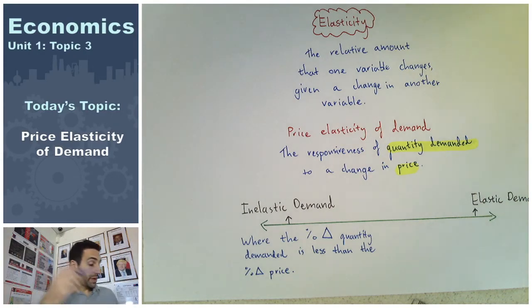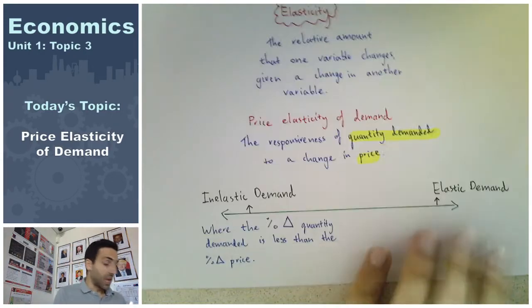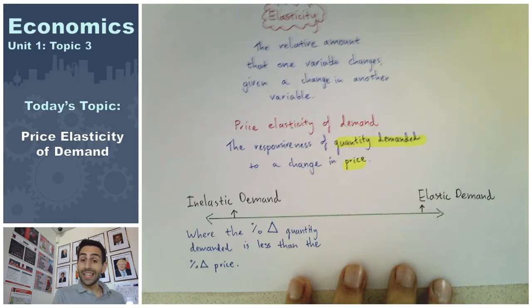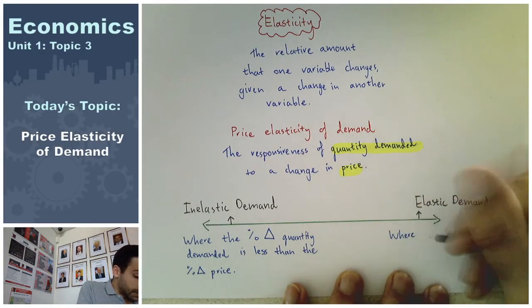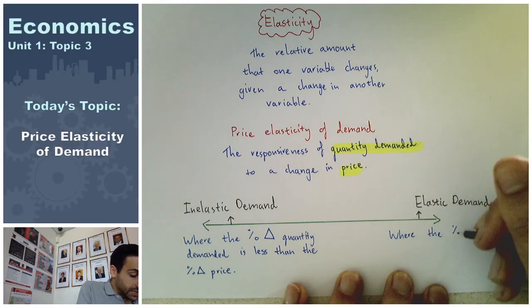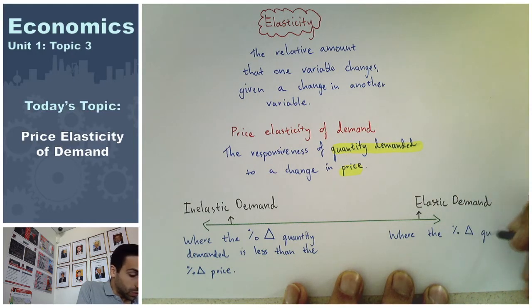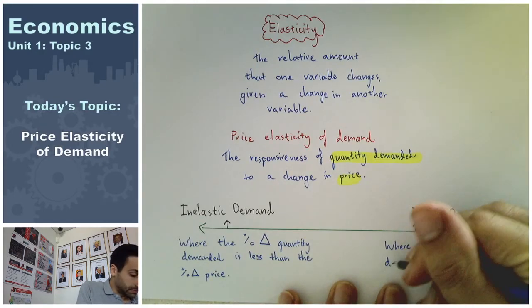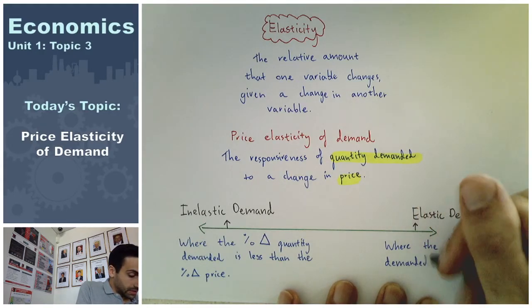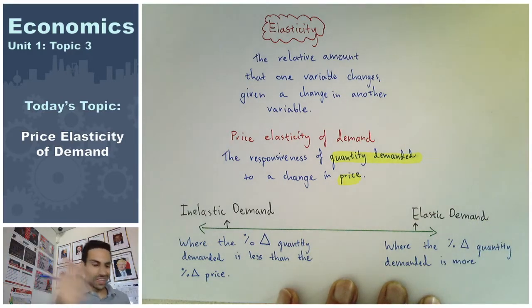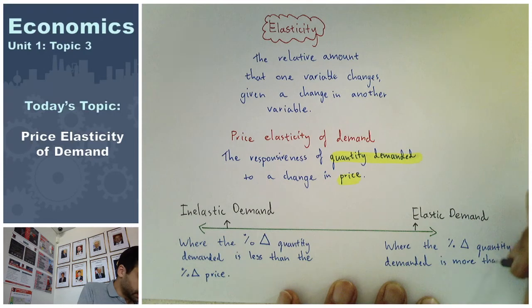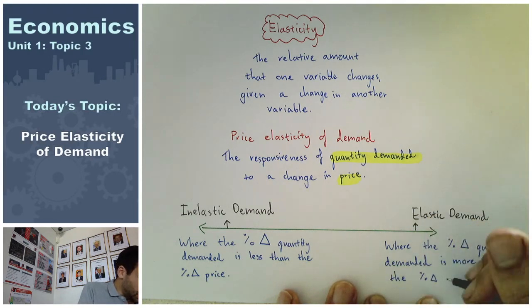On the other side of the spectrum, we have the opposite of this. We have elastic demand. Now, elastic demand will be a situation where the percentage change in quantity demanded is more or greater than the percentage change in price.